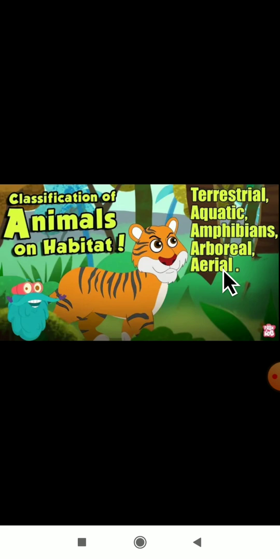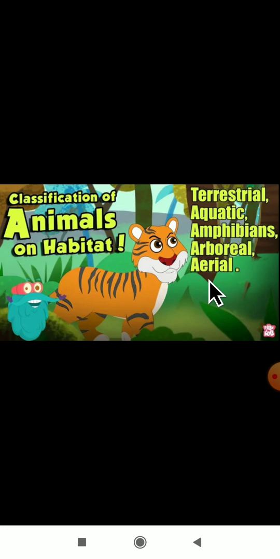Based on their habitat, animals are divided into 5 types.